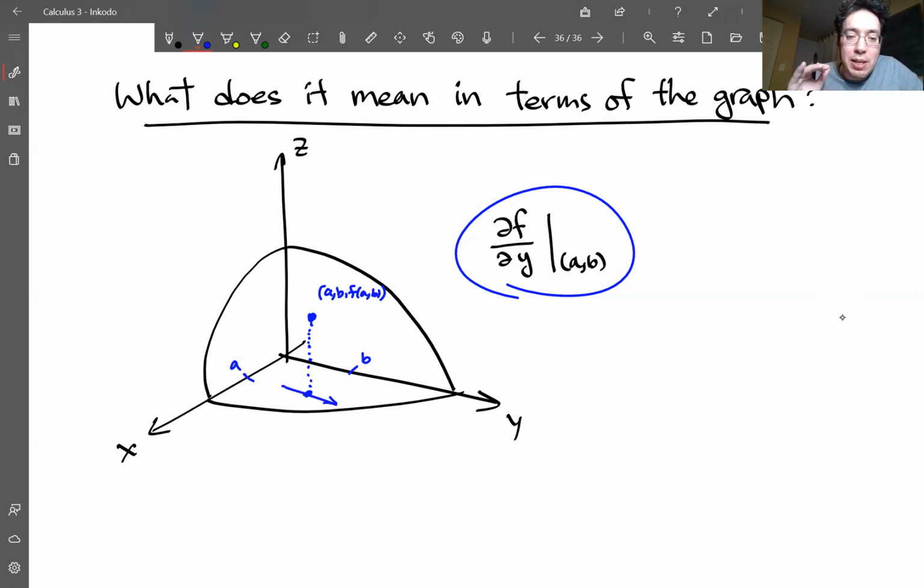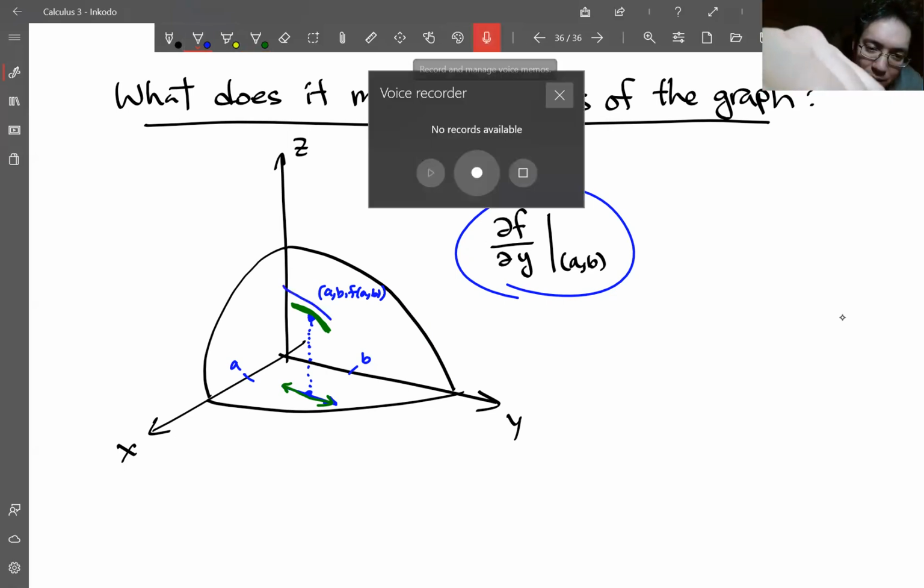So what I'm thinking about is I'm fixing the x value here, and along the surface, as you move back and forth in the y direction, that is the curve it traces on the surface of the graph. Okay, so I look at the tangent line to that curve, right? I don't know if I can draw this.